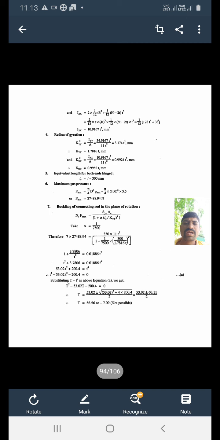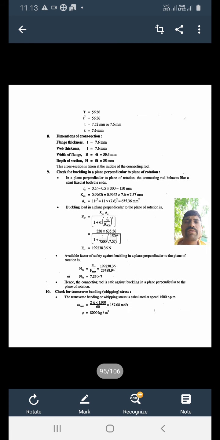If you solve that equation, you will get the T value: 56.56 or 7.09. This is not possible, that's why we choose T square is equal to 56.56, and you will get T is equal to 7.52.